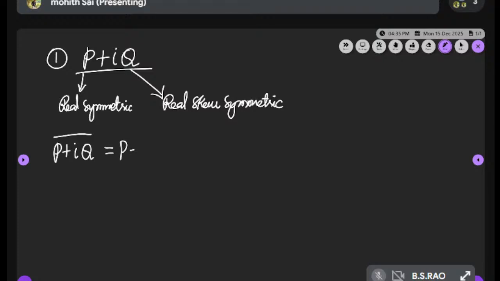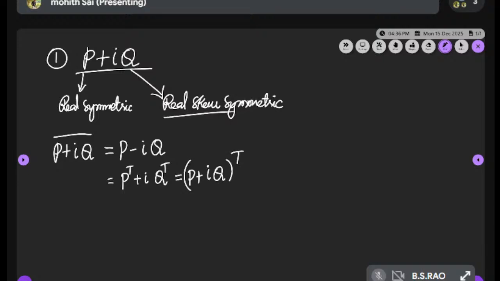P minus IQ. Okay, now you know P is P transpose, and minus Q is Q transpose, so this equals P plus IQ whole transpose.